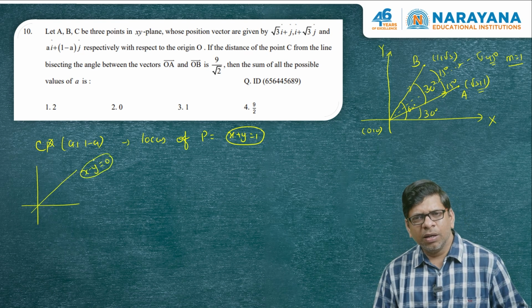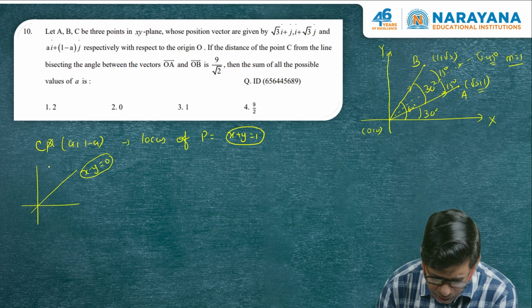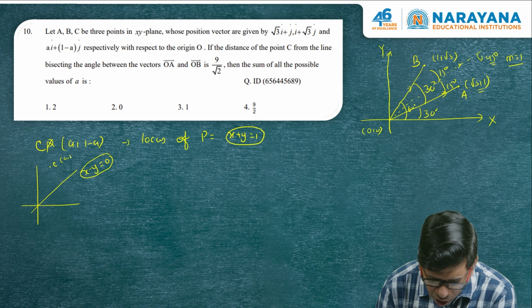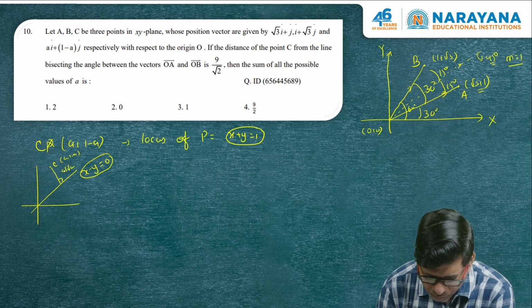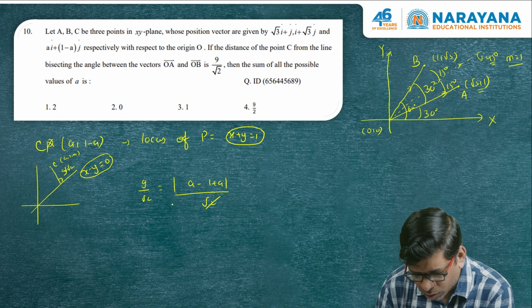Now what they said? The distance of the point C from the line bisecting this is 9 by root 2. It means some point C is there, (a, 1 minus a). Its distance from this line is 9 by root 2. So apply the distance formula, mod of (a minus 1 plus a) by root 2.